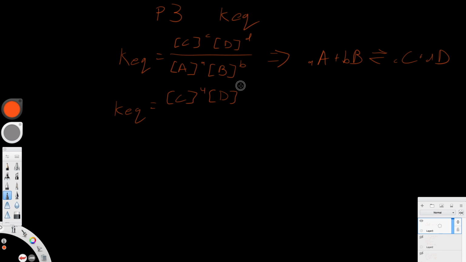But say something like this, where we have these exponents. And the important thing to remember is that this is products over reactants. So this is going to be the products, this is going to be the reactants.